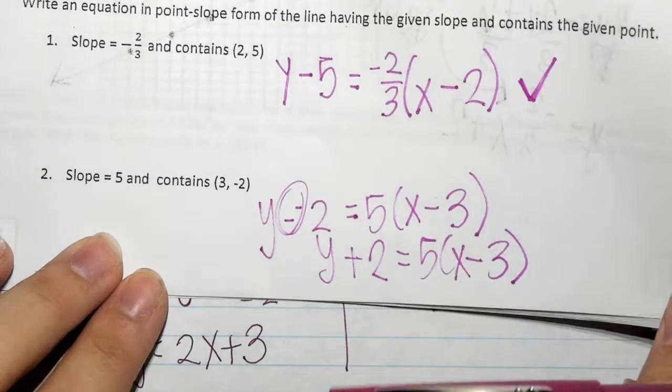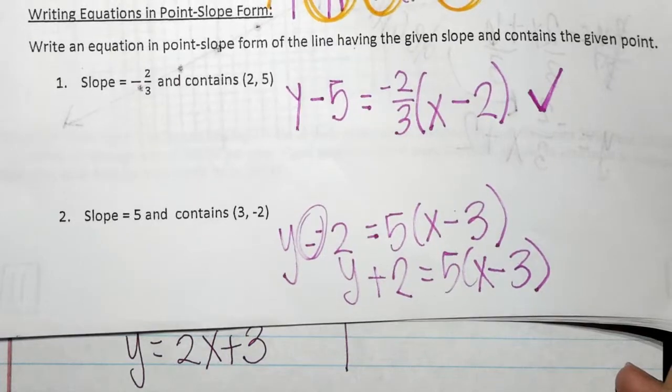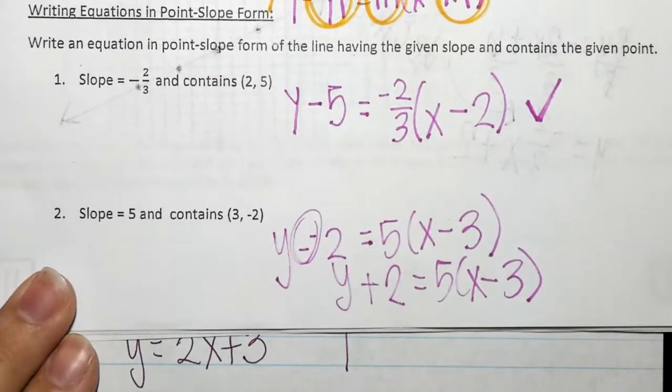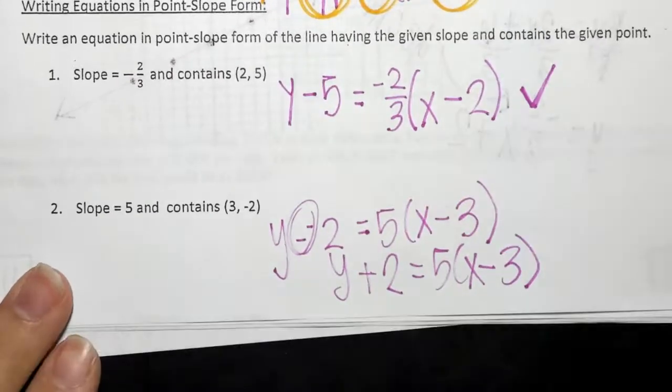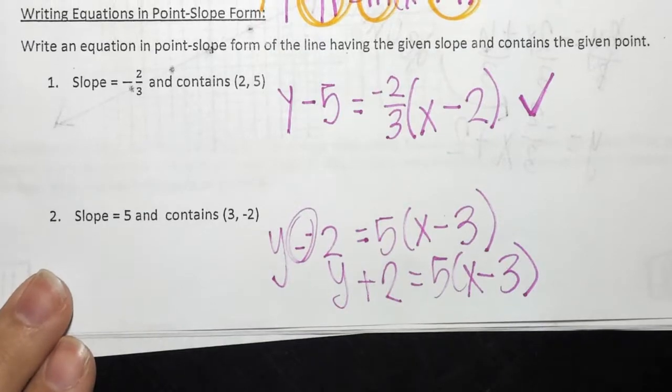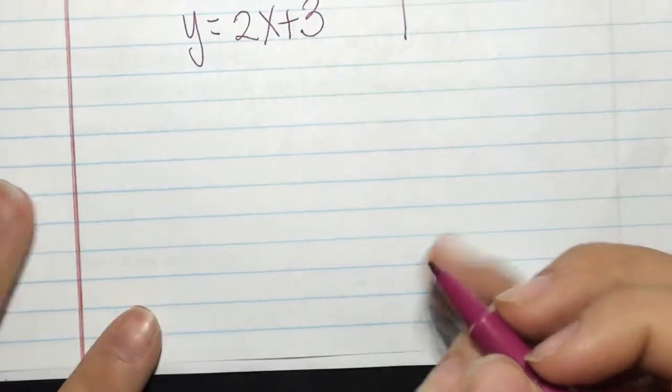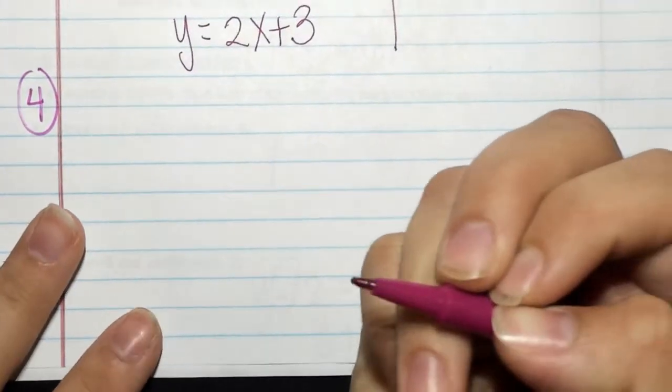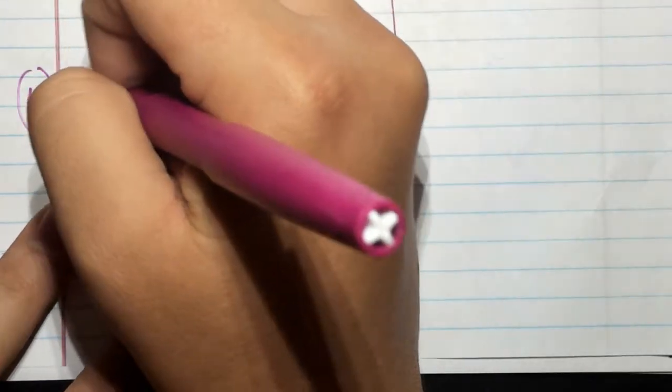Okay, now we need to combine this section and section 3. So what I want you to do is down here, you can just number this number 4. We have a line that passes through point 2, 0.